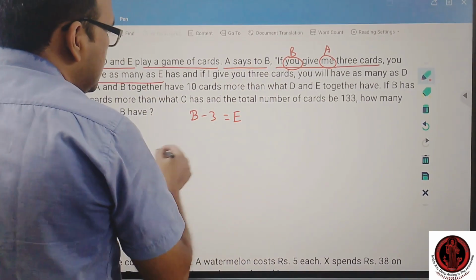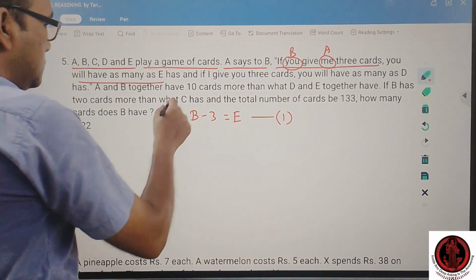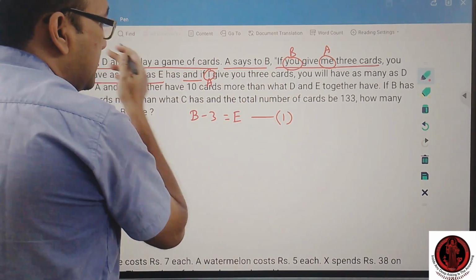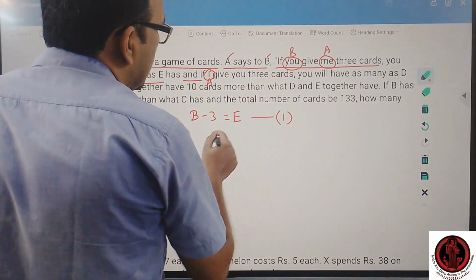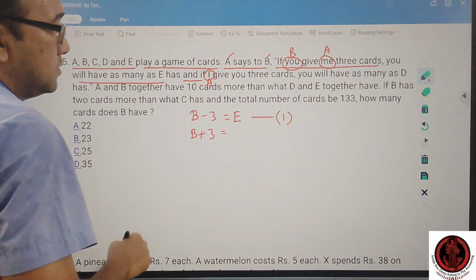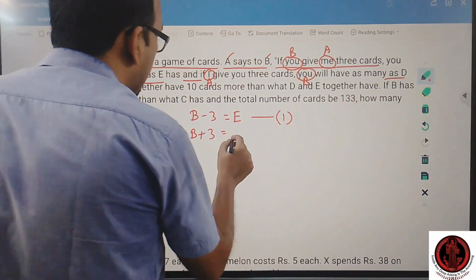So B minus 3 equals E. And if I, meaning A, give you 3 cards, then 3 cards will be added to B. You, meaning B, will have as many as D has.